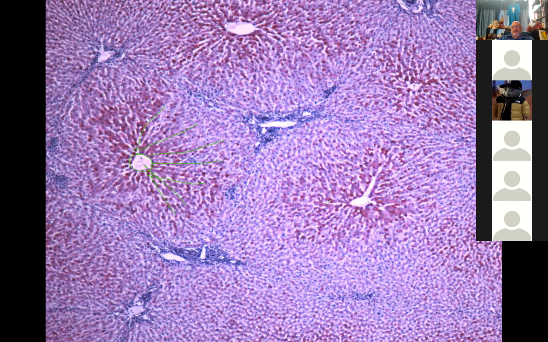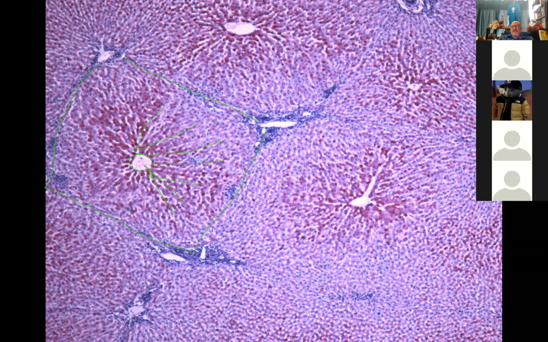All the spaces in between is where we have those sinusoid capillaries. And then separating each individual liver lobule are these connective tissue septums.